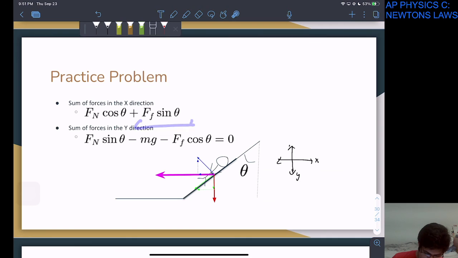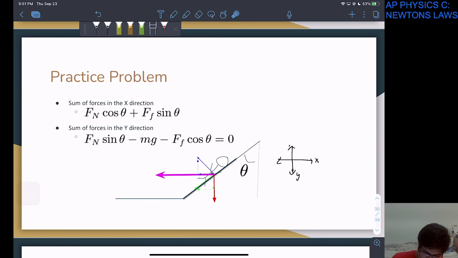This is our frictional force, of course. This component is the x component of the frictional force, and this here is the y component of the frictional force. Gravity is only present, of course, in this direction. And because there's no motion in the y direction, the sum of the forces is 0.